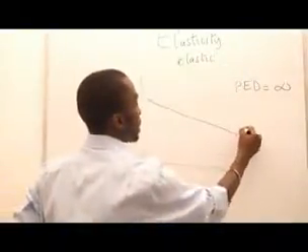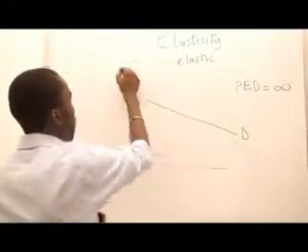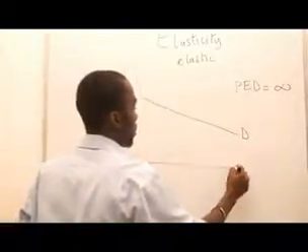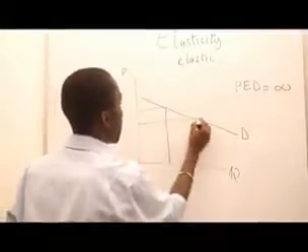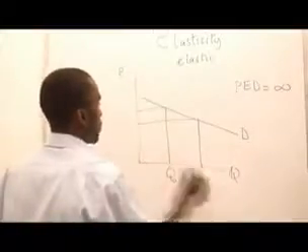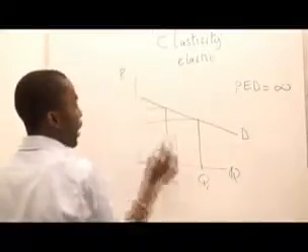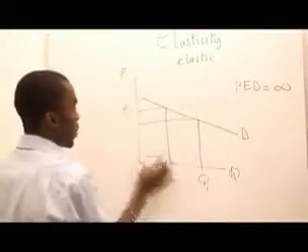So that we will have a demand curve which is relatively flat, so that when price changes by a small unit, quantity demanded also changes by a bigger unit than the price change.